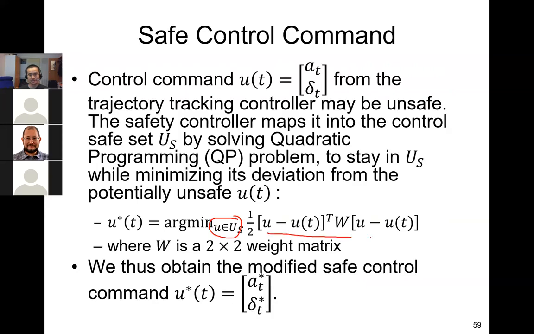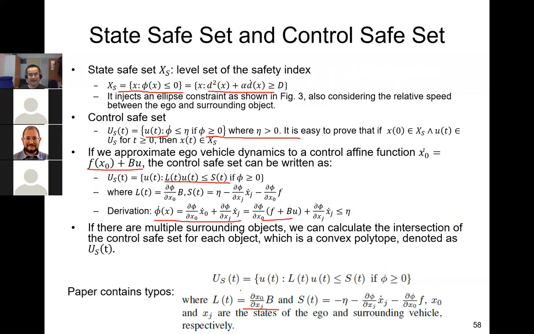So that's this term, and W is a weighting matrix. So the U star is guaranteed to be safe because it's within U_S. At the same time, it tries to stay close to U_T as much as possible. Finally, you obtain the safe control command to be applied to the actuators.